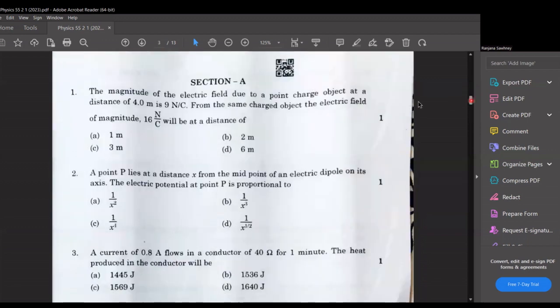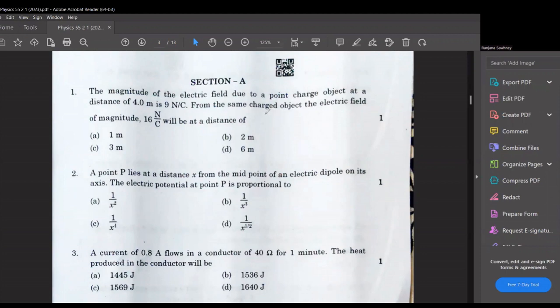Let's start from section A, question number 1. The first question is, the magnitude of electric field at a distance 4 meter is 9 Newton per Coulomb. For the same charged object, you have to find out the distance when the electric field is 16 Newton per Coulomb.